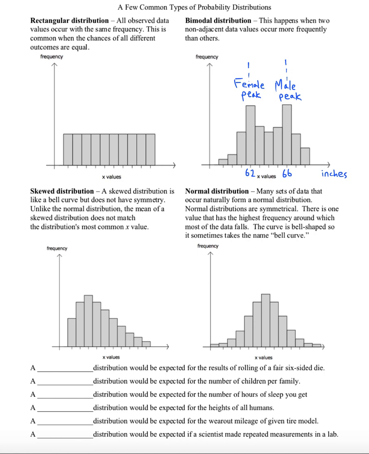A skewed distribution is similar to the normal distribution in the lower right, but it doesn't have symmetry for a particular reason. So a common example here would be the number of children that a couple has. Now certainly there are a lot of couples with no children, and there are even more couples with one child.